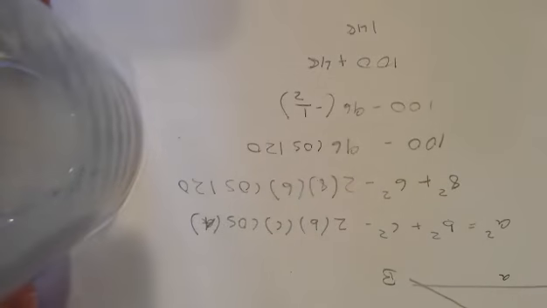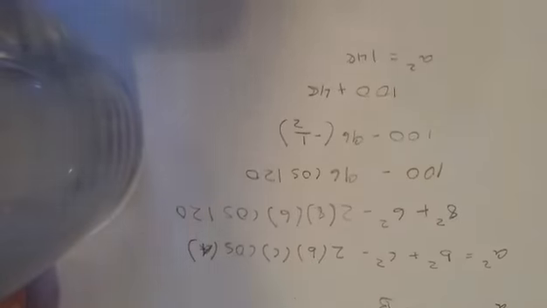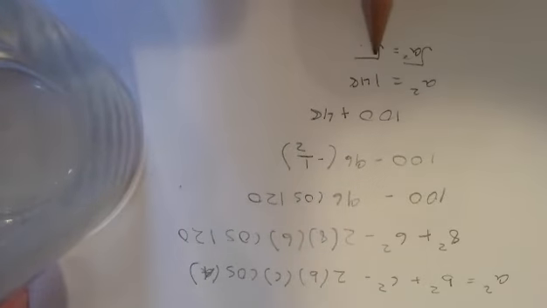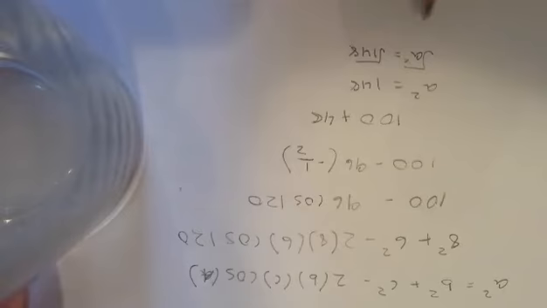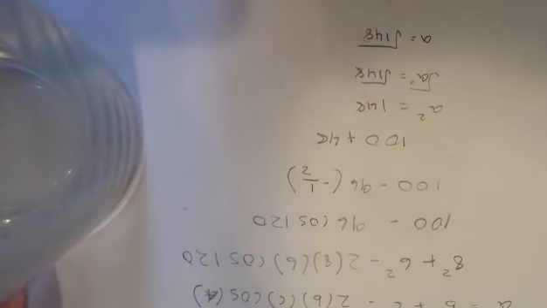And so you get 148, but keep in mind, you just found A squared, not A. So you have to take the square root of both sides of 148, and you get A equals the square root of 148.